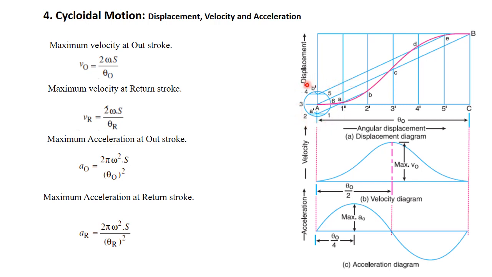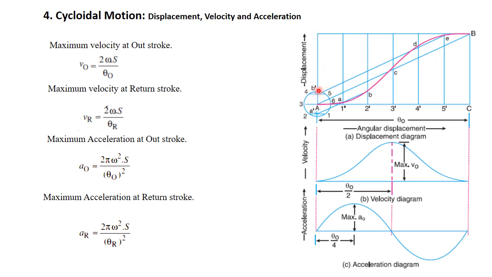Now what is done? We first draw a circle with a radius that makes the circumference equal to the total displacement.